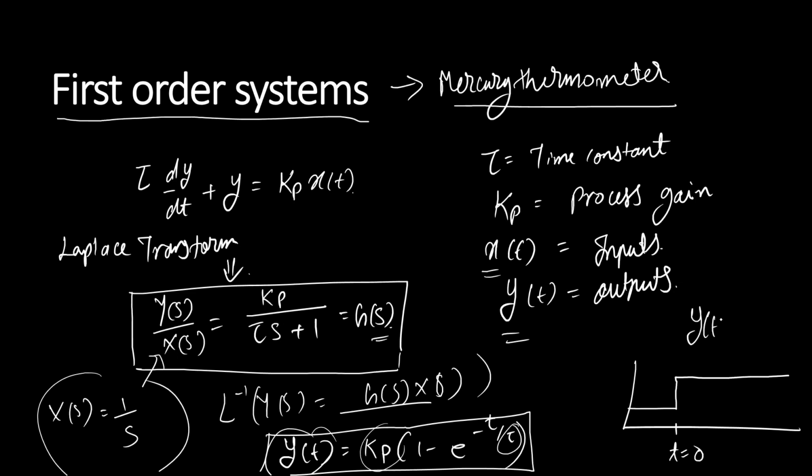You need to remember y(t) is always y minus y_s, that is, how much deviation is occurring from the steady state. That is how we define y(t). I hope this much revision from the last class is sufficient. If you have doubts, you can write in the chat box or just speak up.